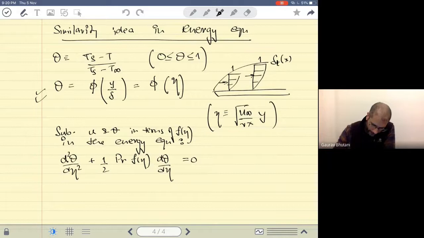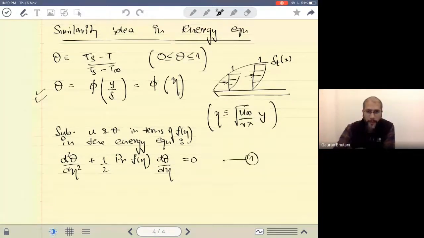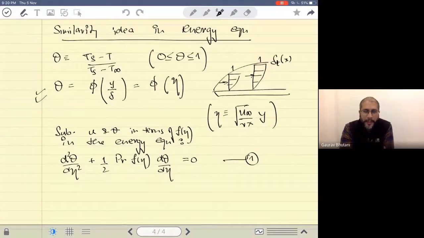This is the ODE that we obtain for theta by using the similarity idea in the energy equation. This has been obtained by substituting for u and v in terms of f. So you can do it easily, and then you can get this equation.